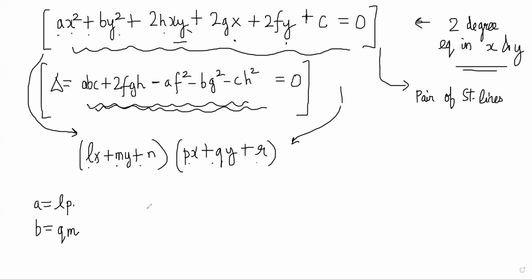Every term after that will be a little complicated, because there will be multiple ways you can get X. The XY term will be simple. 2H will be basically L and Q and M and P. You understand how complicated it will become.